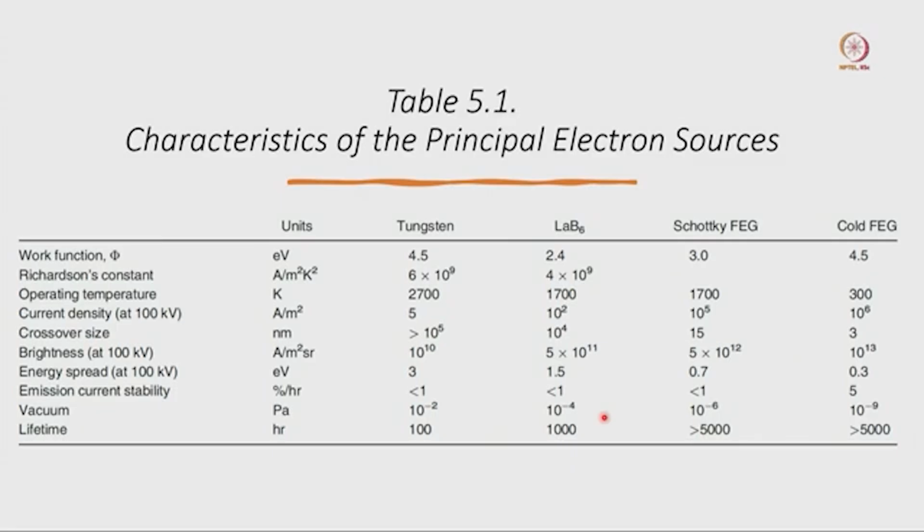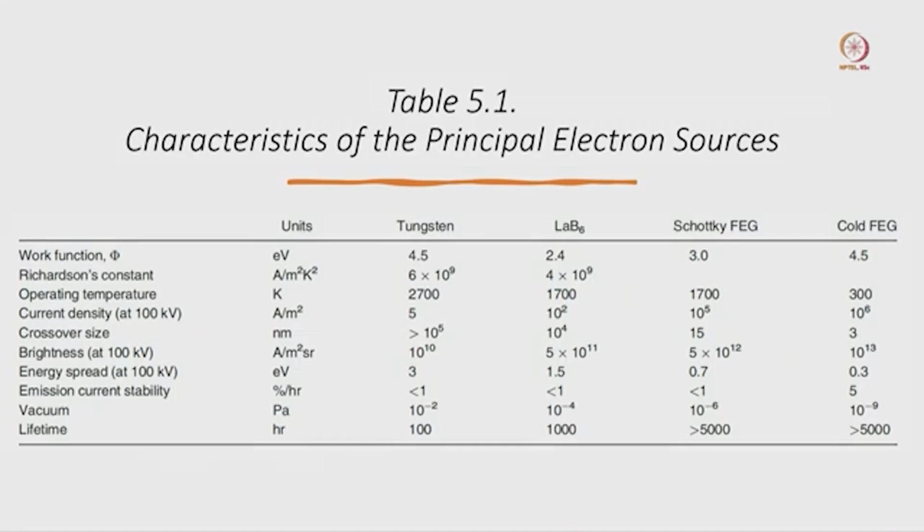Most of the time at room temperature, those biological samples are already dried, so they are not going to be damaged by that electron dose. Even if we use 100 or 200 electrons per angstrom squared, it is not going to damage the biological sample. That is the reason for room temperature we generally use the LaB6 filament.